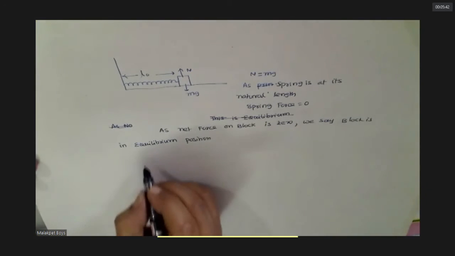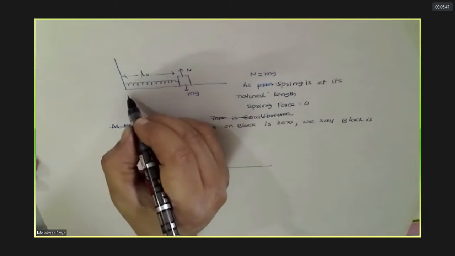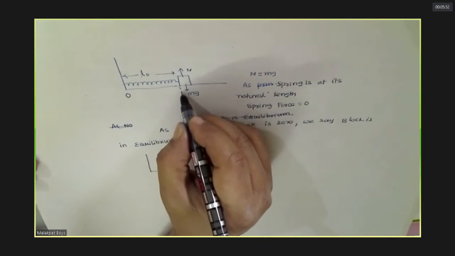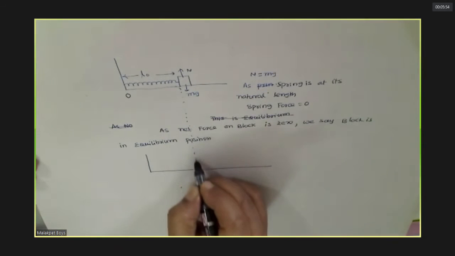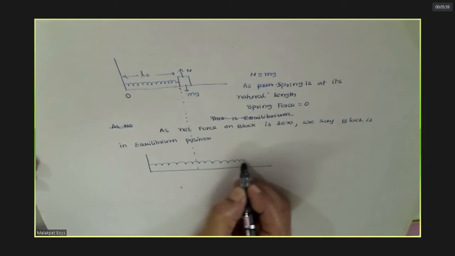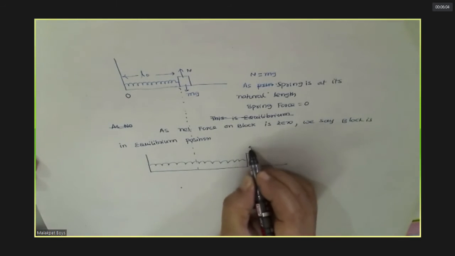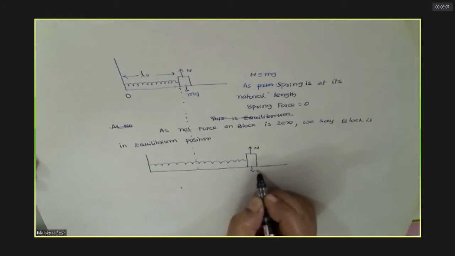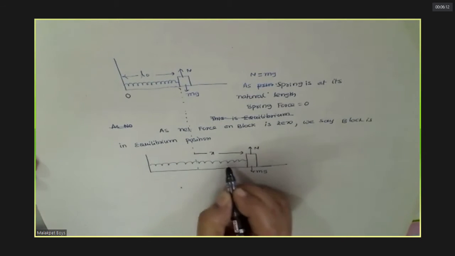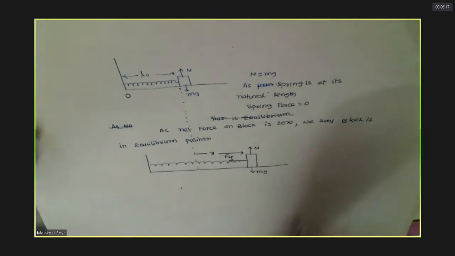Now suppose this point is the origin, I'll call this position A. From this position, suppose the block is pulled. Normal reaction is balanced by mg. Suppose x is the extension, definitely there will be a spring force, no? Agreed?